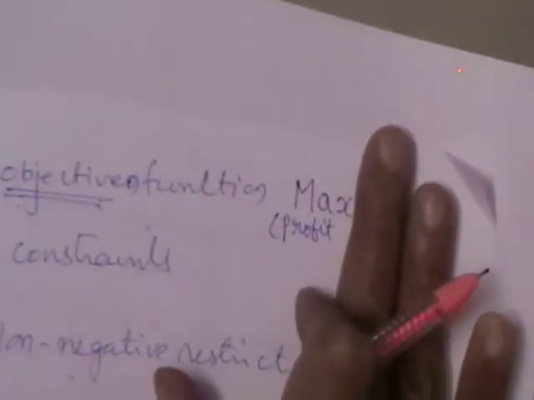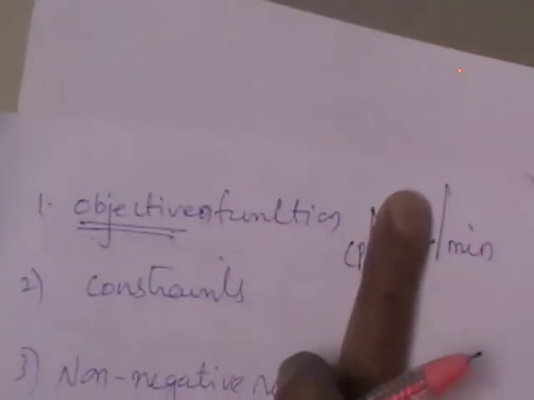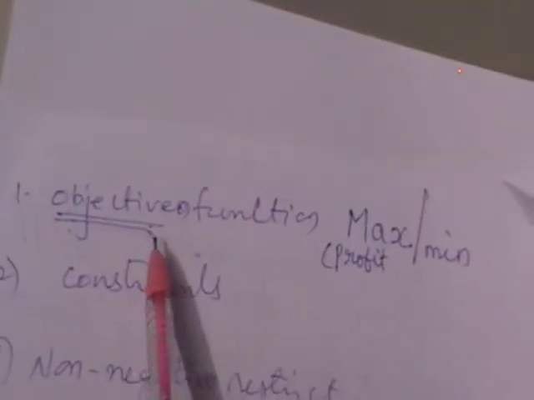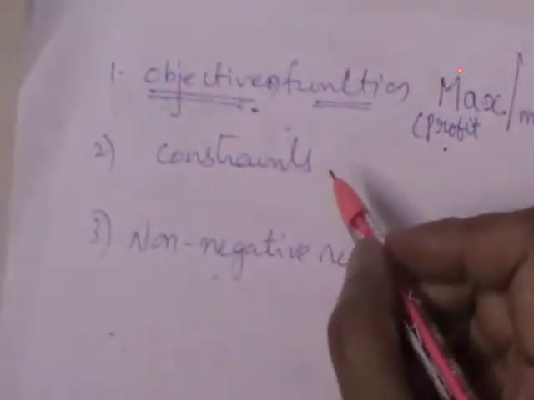If it is a problem on profit, you start the objective function with max. If it is a problem on cost, you write min is equal to. So in the objective function, you write whether the given problem is of maximization type or minimization type. Let us see, by taking a numerical example, how to formulate it.